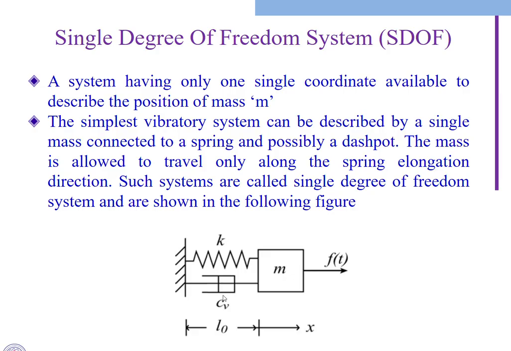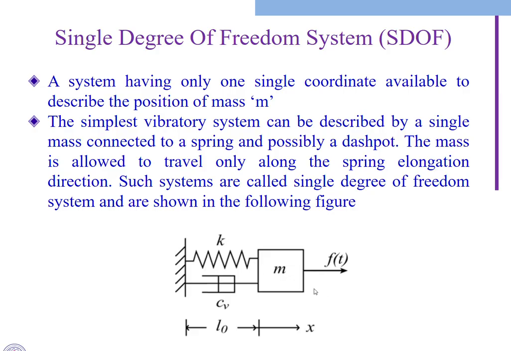The dashpot provides damping to the system. The body is free to move in only one direction. Force has been applied in the direction of x, and we can see the displacement of the body in the x direction. This type of system we call a single degree of freedom system.